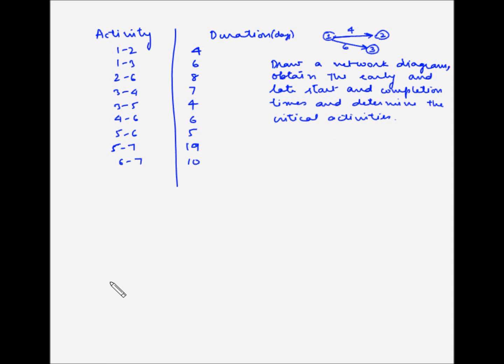So first is node number 1, and node number 2. Now we'll draw the activity between these two nodes, and the duration has been given as 4 days. Next activity is 1 to 3.